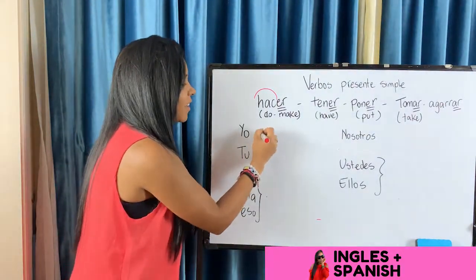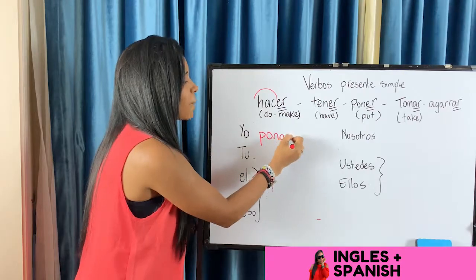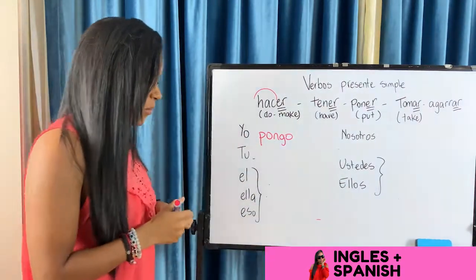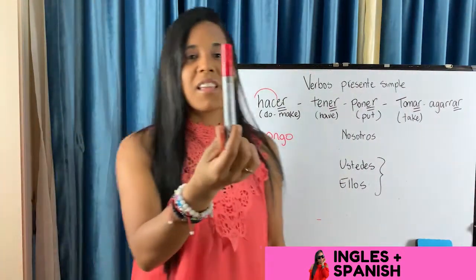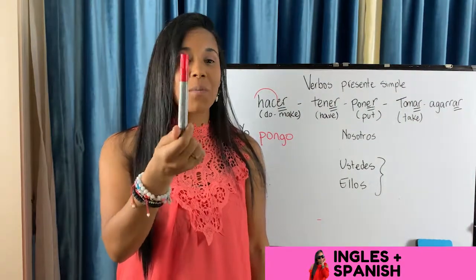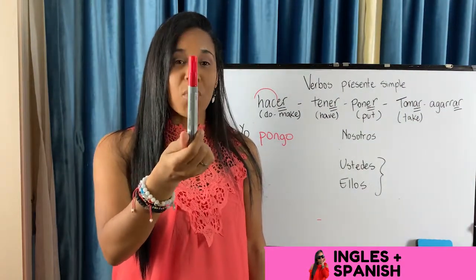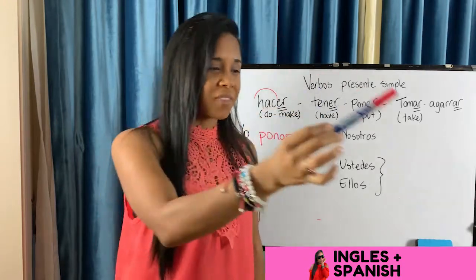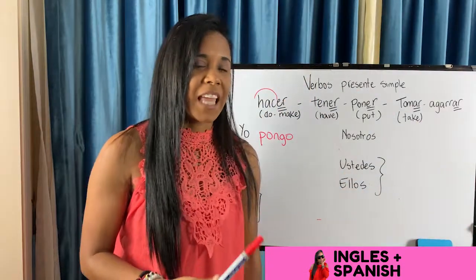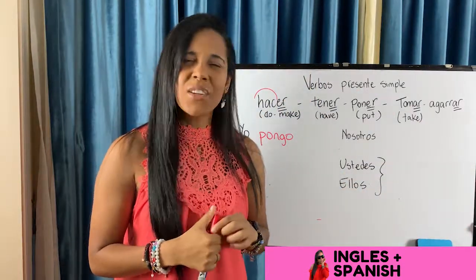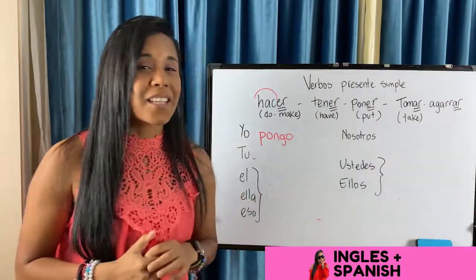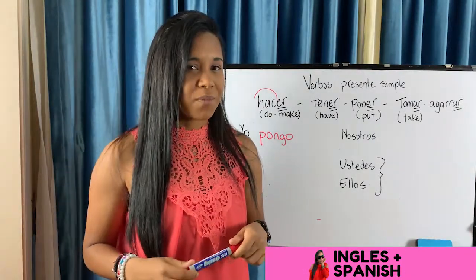Poner is going to be yo pongo. What do I put? Okay, so this is a marker. In Spanish, un marcador. Yo pongo un marcador sobre la mesa. La mesa is going to be the table.